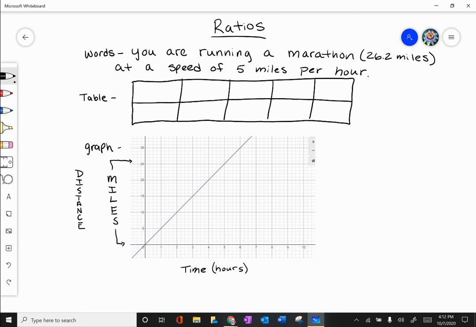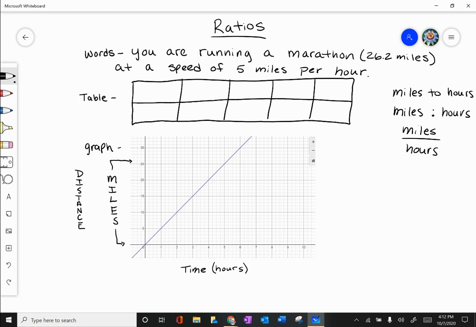So on our table, if we're comparing miles per hour, we're comparing miles to hours, or we could write that as miles to hours, or miles over hours.